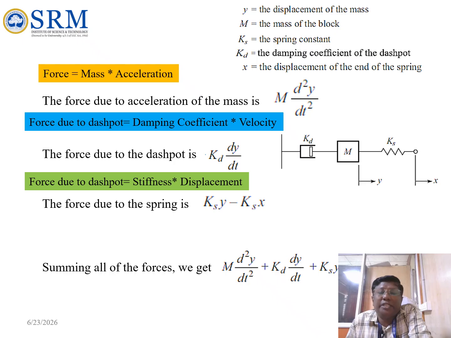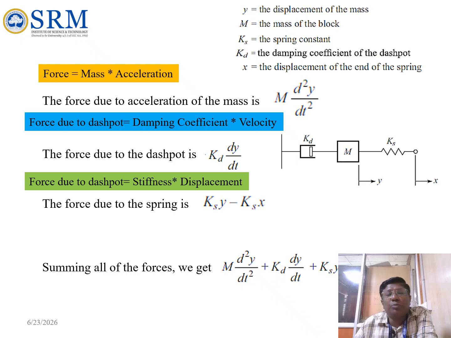Damping coefficient into velocity. So the force due to the dashpot equal to the damping coefficient, the symbol is Kd, Kd into velocity, represented as dy by dt. Acceleration is the double derivative of the displacement, that is d square y by dt square, and velocity is dy by dt.